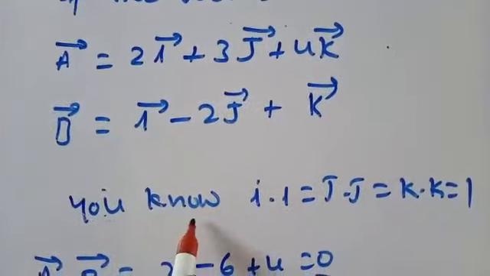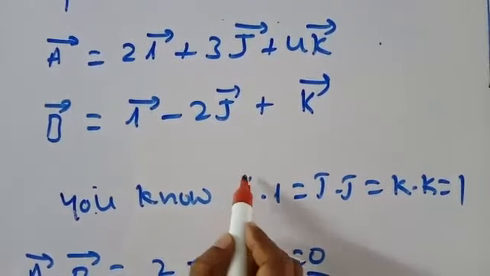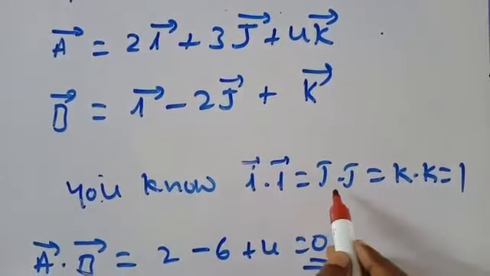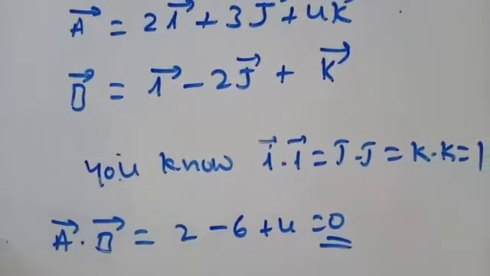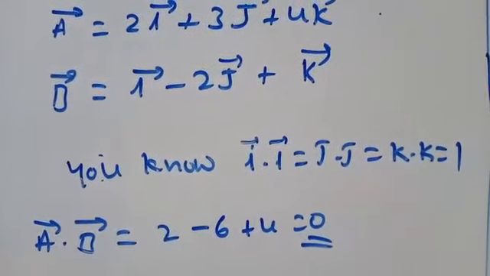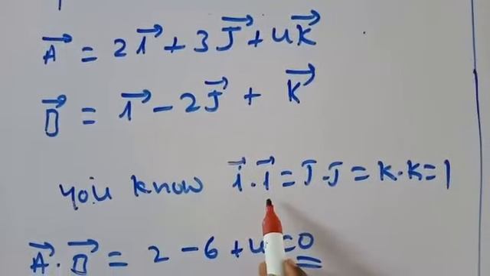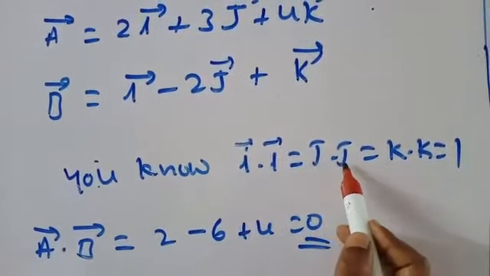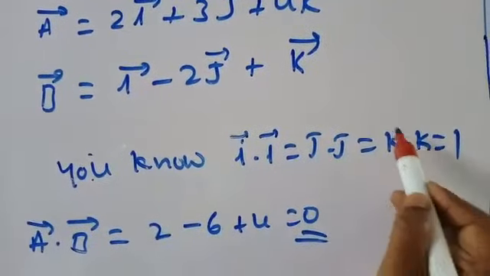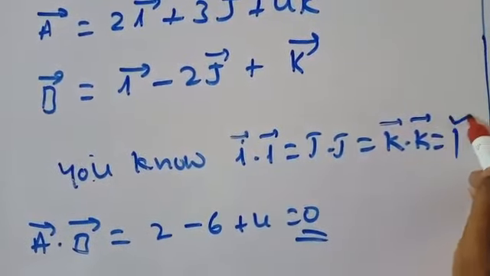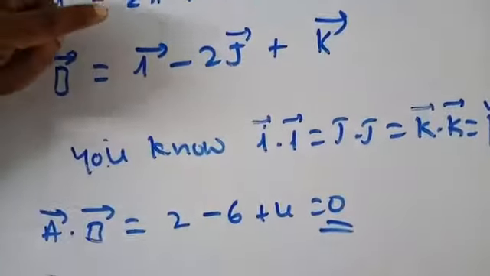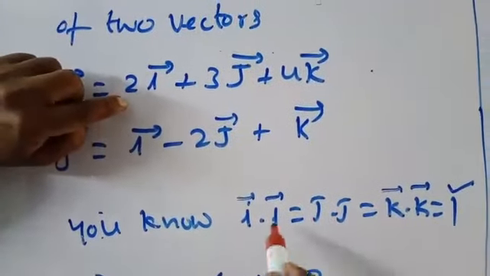You know, in dot product, I bar dot I bar is equal to J bar dot J bar is equal to K bar dot K bar is equal to 1. Then you have to directly use this.